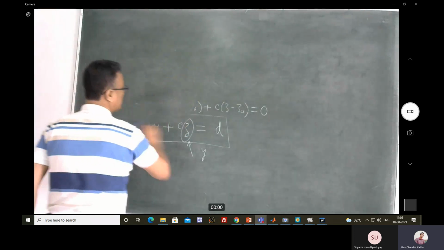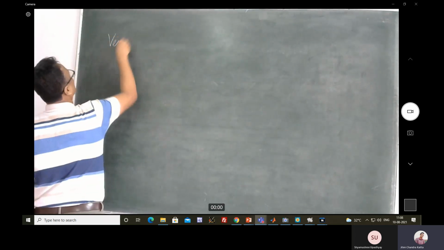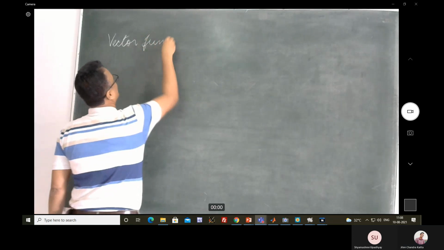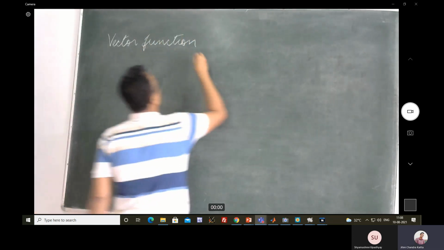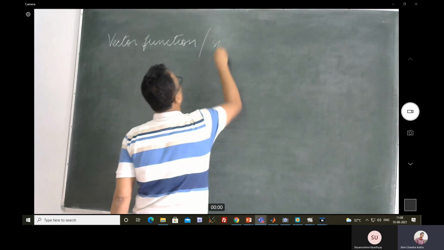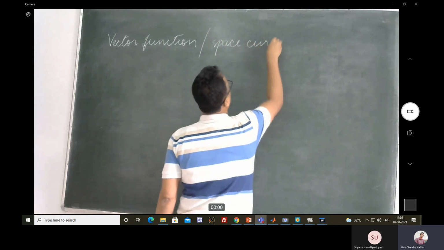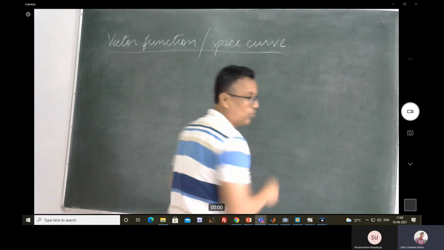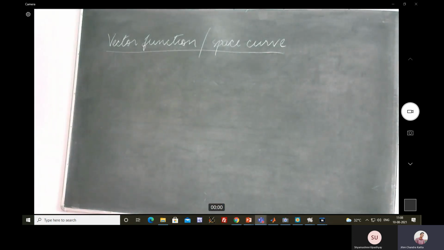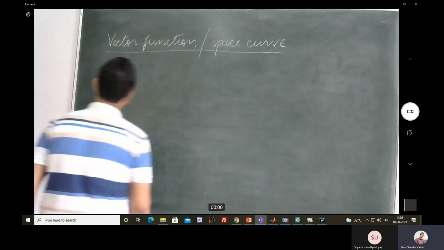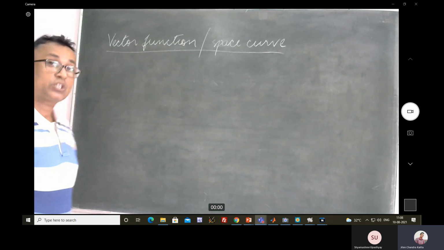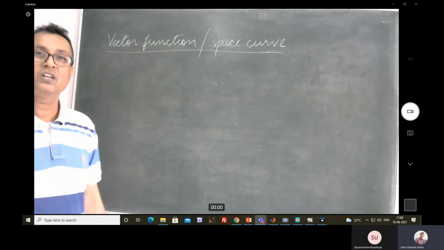Now today we are going to start the concept of vector function, and this is going to lead me to space curves. But firstly, I'm going to consider the limit and continuity concept for a vector valued function.